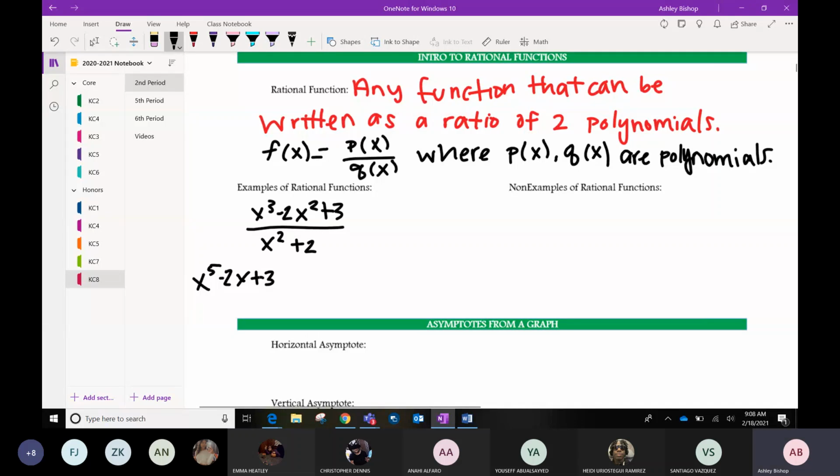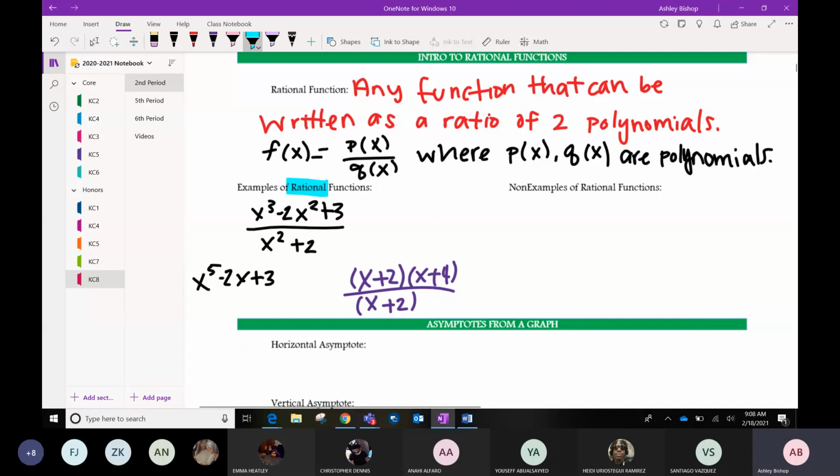I also could take a polynomial and write it in its factored form. So I also could take a polynomial and have factored it and be left with x plus 2, x plus 4, and have x plus 2 on the bottom. So I could have taken a polynomial, factored it, and written it in the form of a fraction. So these are all rational functions.